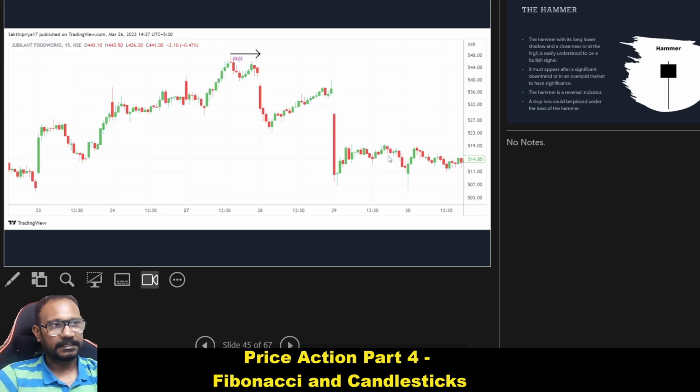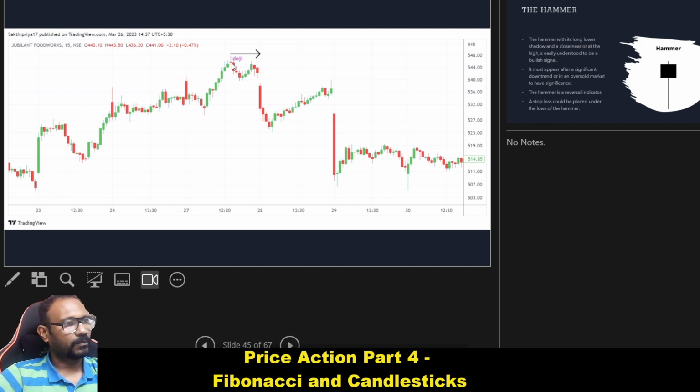So we are going to see, the market has been going up, right? It has been going up. Here you see there was one spinning top, but the next candle is green and then the trend continues. Then we have a doji at the top. The doji is formed.